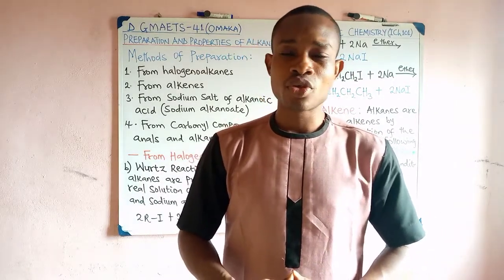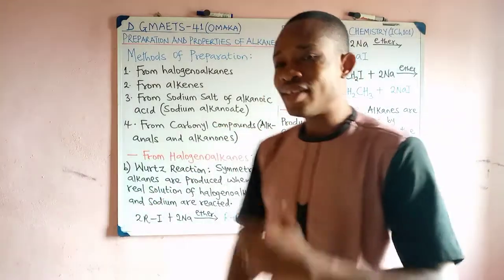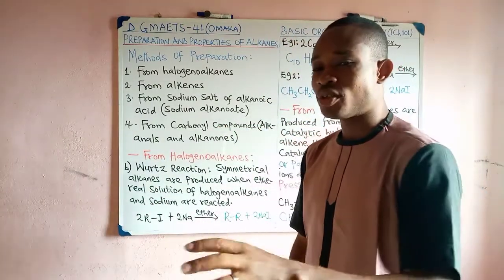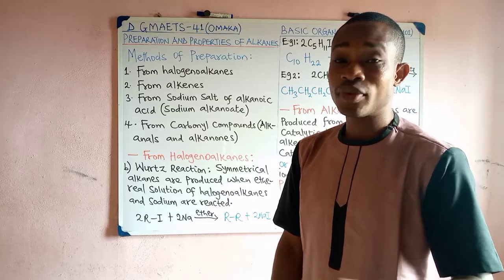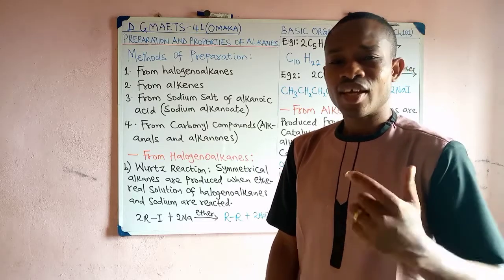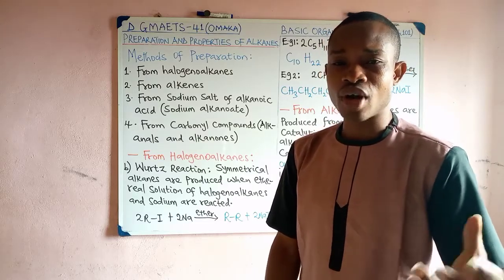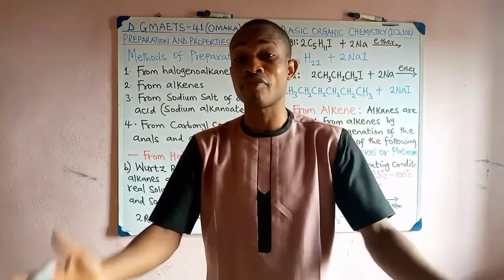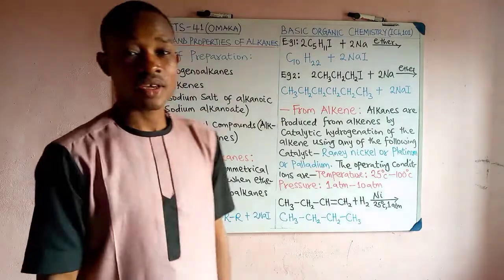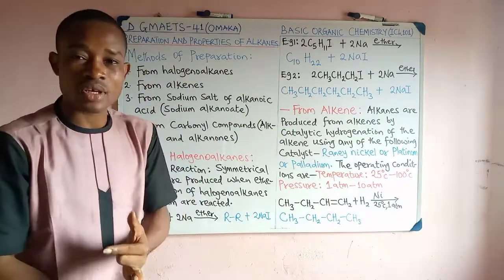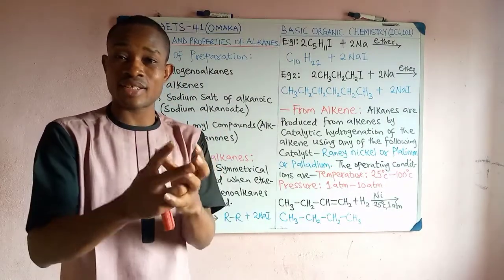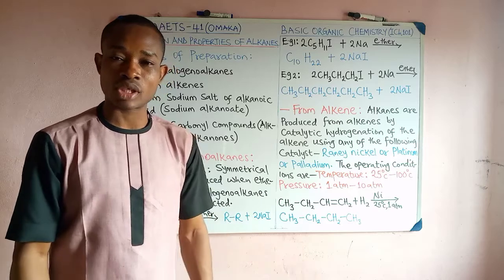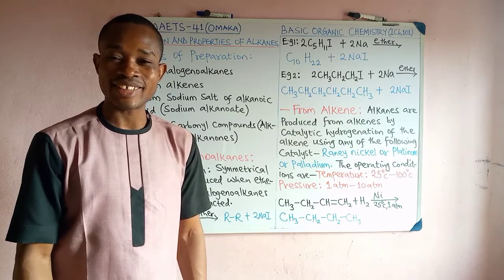All we need to do is to react an ethereal solution of halogenalkane with sodium. When you just hear ethereal solution, what does it mean? A solution of ether. So a solution of ether together with halogenalkane and sodium reacted would give us a symmetrical alkane.